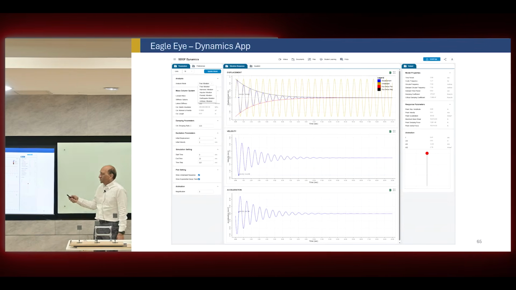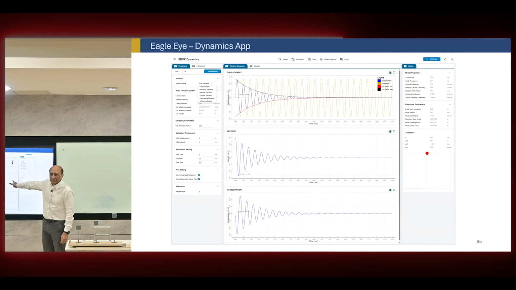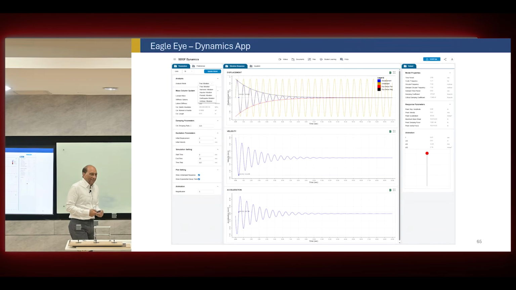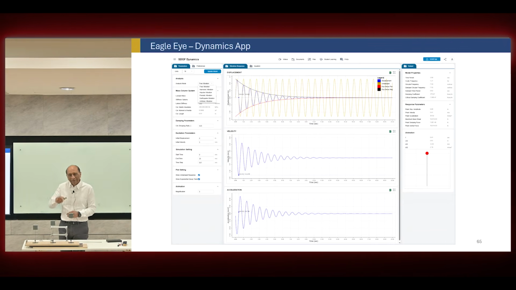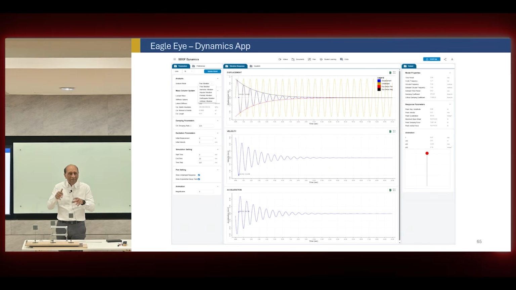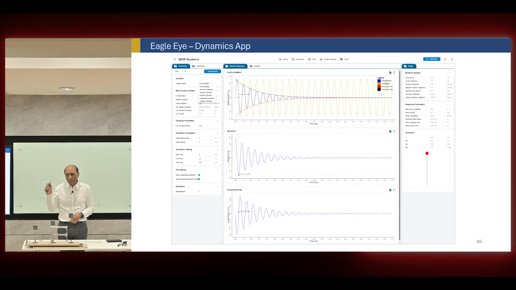Okay, Eagle Eye. So in Eagle Eye, watch this one. This is coming from Eagle Eye, one of the apps that Dr. Fawad added to the program, where you can actually study all of this damping and natural frequency and the animations and change the numbers and play around with it like a small lab. So this is a dynamics lab, a virtual lab.